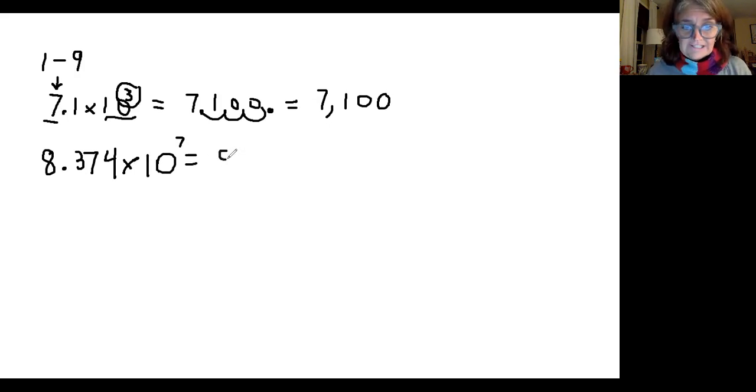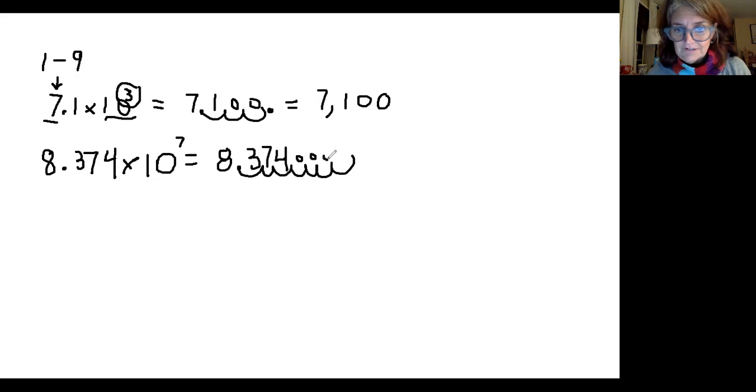Again, we are going to take this number, 8.374, and grab that decimal point and move it 7 places to the right. Okay? 1, 2, 3, 4, 5, 6, 7. And these are all going to be zeros because there's no other numbers there.